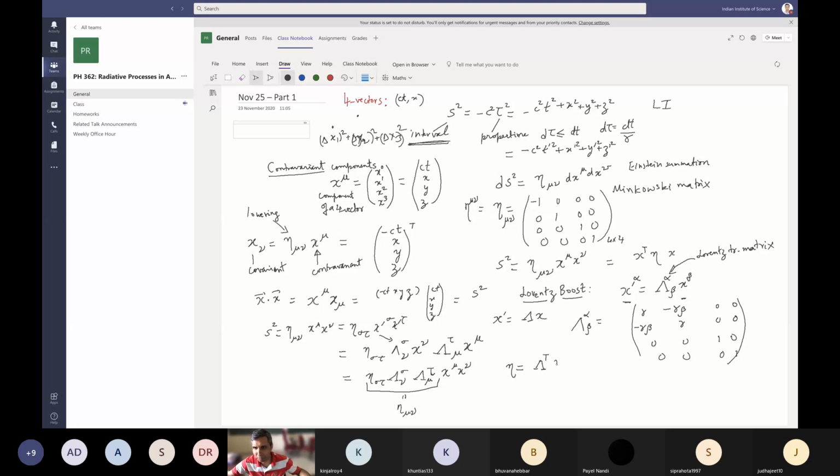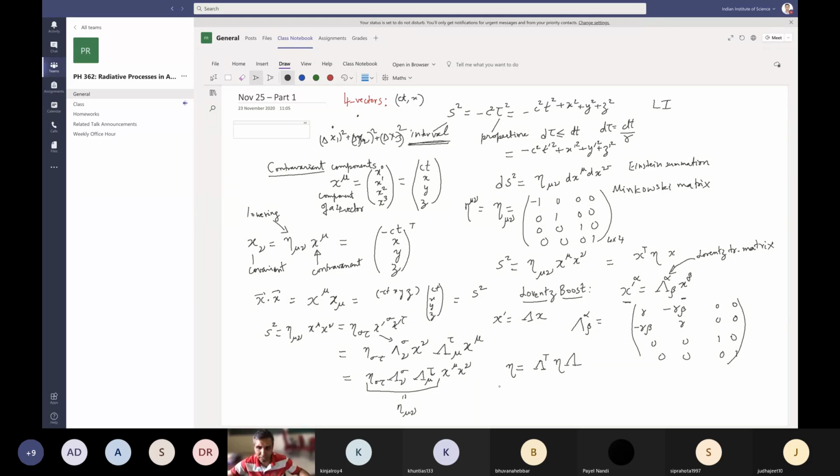Here lambda transpose is the transpose of the lambda matrix, and this is how eta transforms under Lorentz transformations, and in fact eta is the same, right? In the transformed coordinates, it's always -1, 1, 1, 1 in any frame that you measure it in.